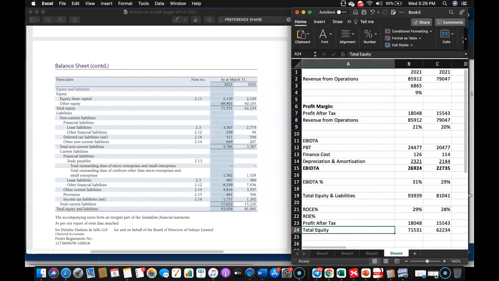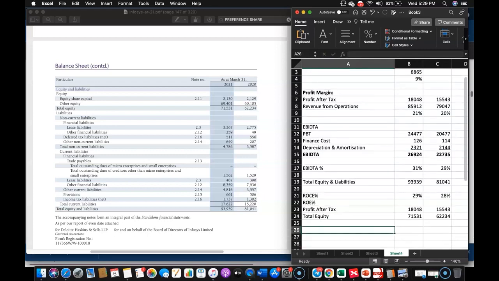Now we'll be able to measure return on equity percentage. It's 25% in the current year, and previous year also it is 25%.